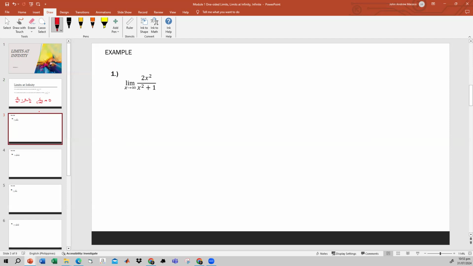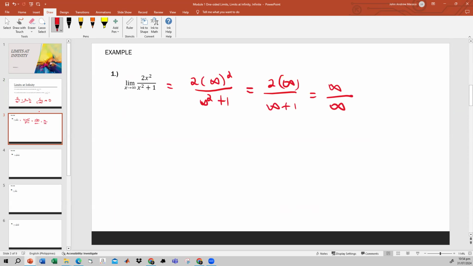If you do that right away, this becomes 2 times infinity squared over infinity squared plus 1. Infinity squared leads to infinity, then infinity squared, that's infinity as well, plus 1. So this leads to 2 times infinity, that's infinity, over infinity plus 1, that's infinity as well.